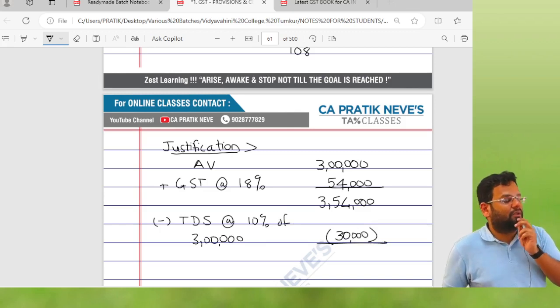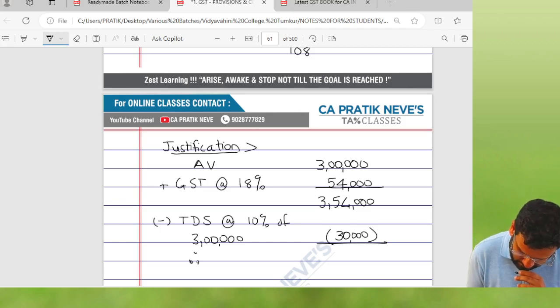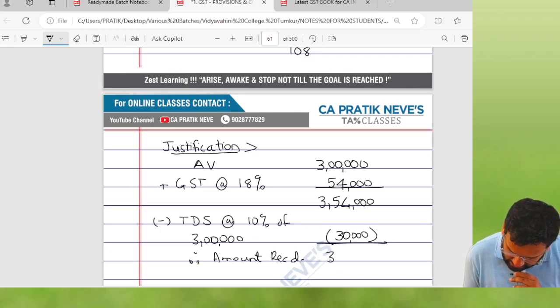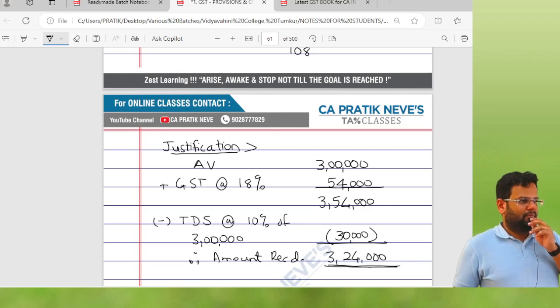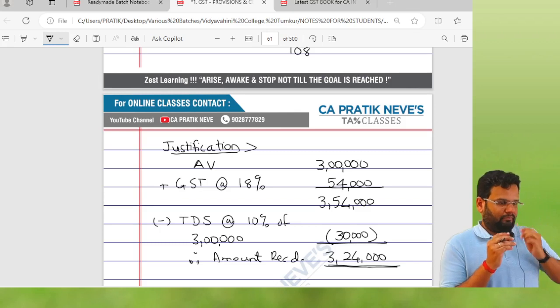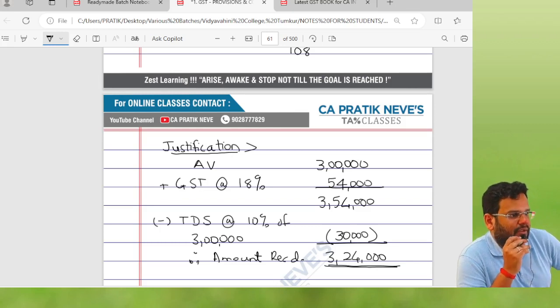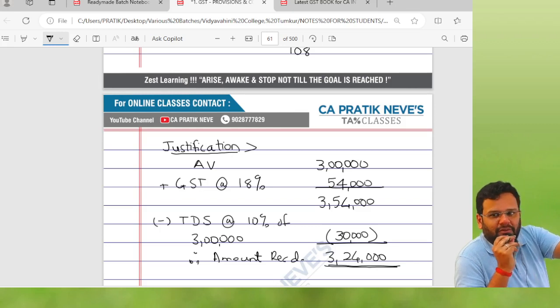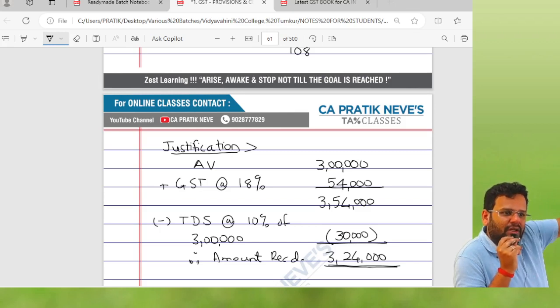So what is therefore your amount received? 3 lakh 24,000. Getting the point? Understood? Proved? So they had given you this 324. From 324 you reach till 3 as assessable value.